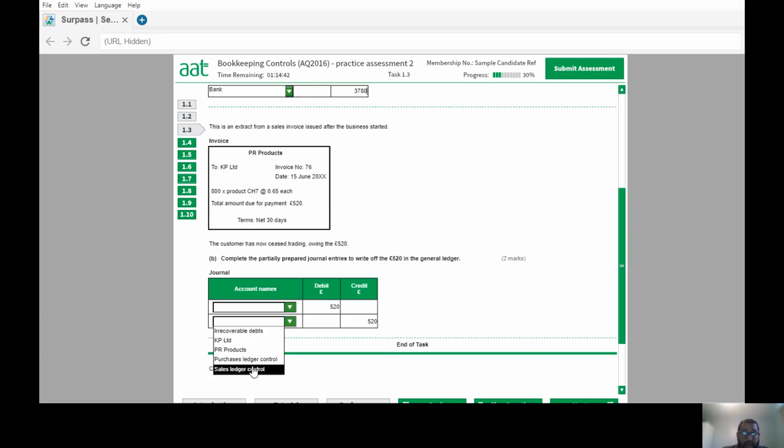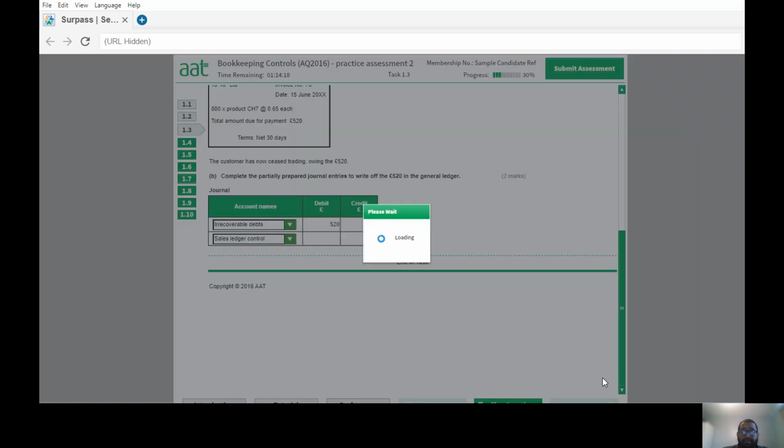So we go down here, and the sales ledger control account will be credited. This 520 on the debit side will go in your irrecoverable debt account, because this is what we call, in the general ledger, an expense for the business, because we are losing that particular sale. Whatever we've done now, we have to reduce this amount as an expense to the business. Okay, next one.